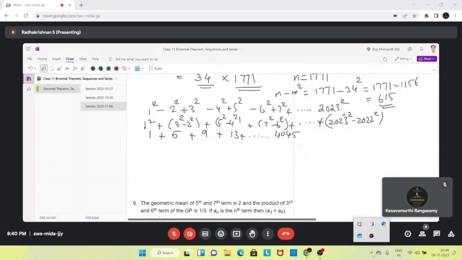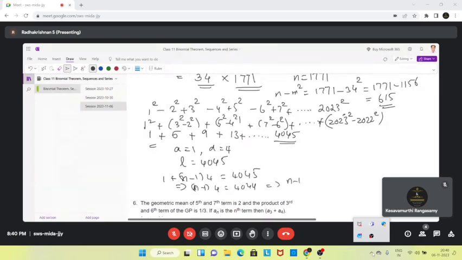Okay. So 1, 5, 9, 13, etc., up to 4045 is a simple arithmetic series. A is 1, D is 4, L, the last term, is 4045. So you have to find N from A plus N minus 1 into D equals L. 1 plus N minus 1 into 4 equals 4045, so N minus 1 into 4 equals 4044.